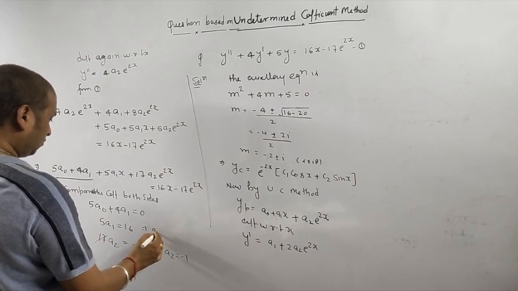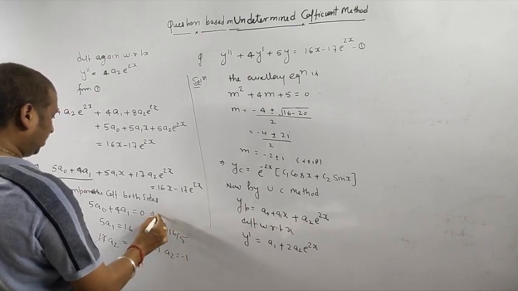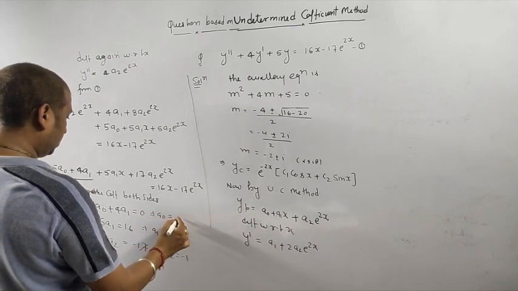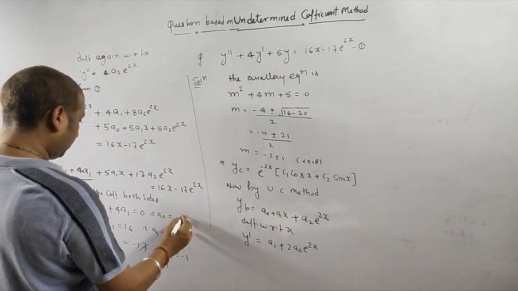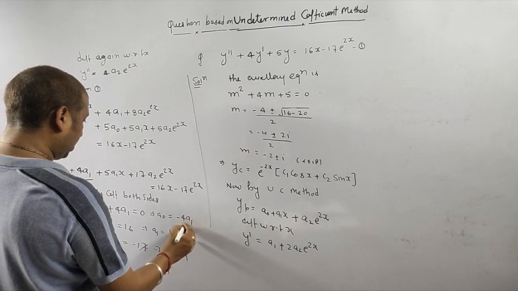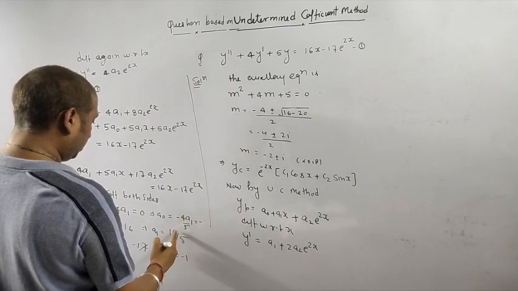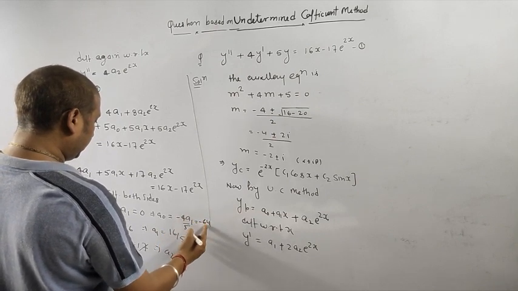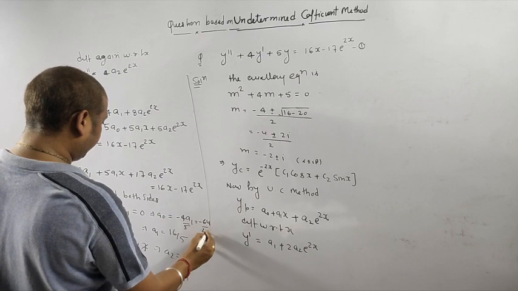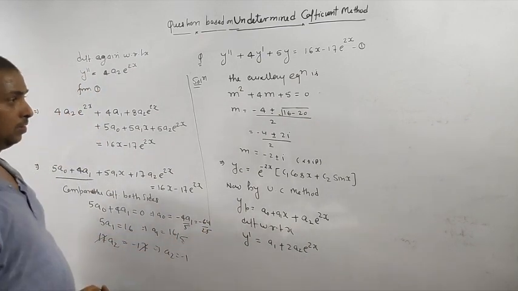What is the a1 value? 16 upon 5. What is the a0 value? Minus 4a1 upon 5. It means minus 64 upon 25. This is your a0, a1, a2 value.